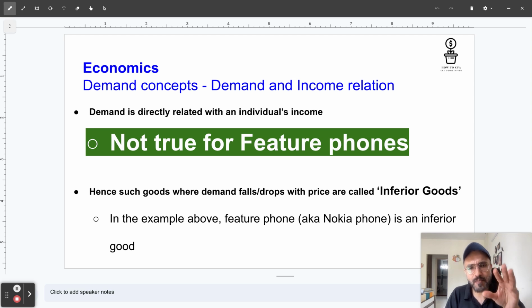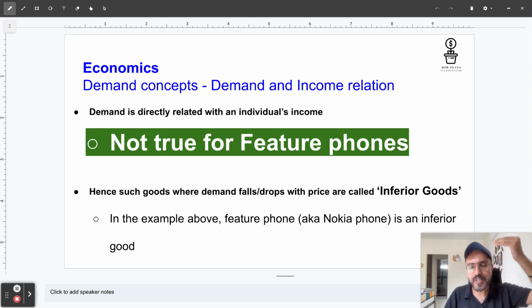Now, very few people in villages and smaller towns possess feature phones. Otherwise, everyone who has moved to the cities or bigger towns to work has switched to smartphones, which means that even though the feature phone price is the same and your income has increased, because you were in the rural belt and have now come to the city to work and your salaries have increased, the demand for feature phones is not going up, it is rather going down.